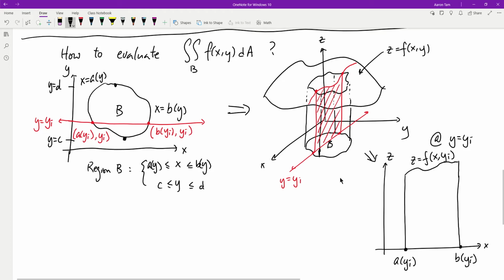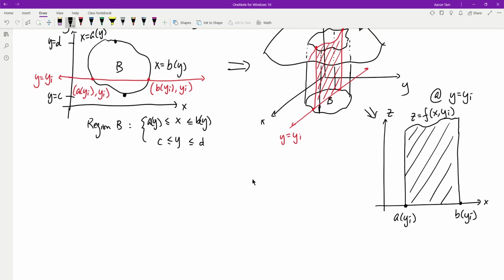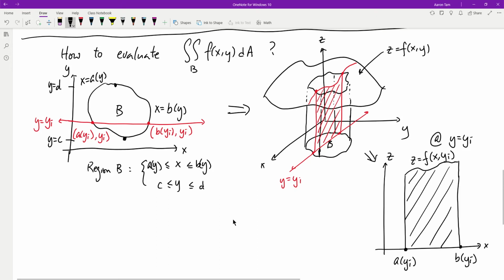And now imagine the following. If I now take this area, I can actually find the area of this thing right here. So let's try to find it.